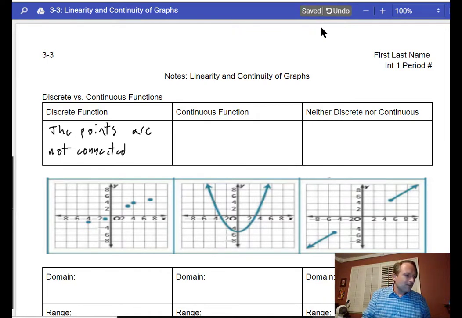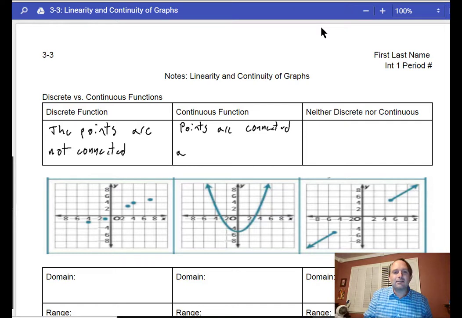For a continuous function, the points are connected and they form a line or curve.